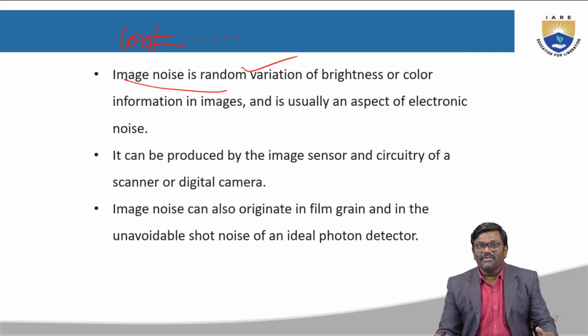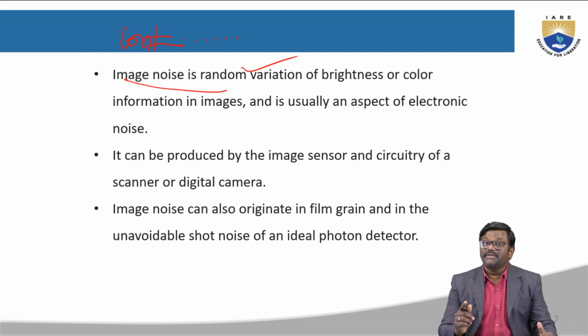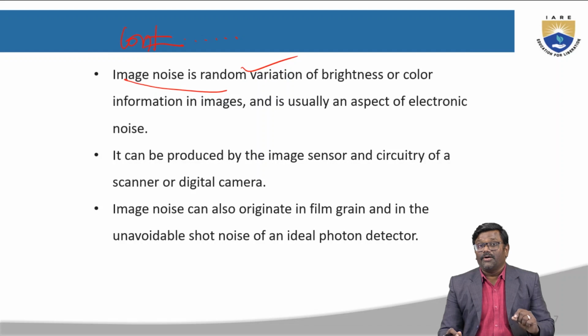While you are processing that, we may check whether any noise is present. If there is noise, what causes it? This noise is basically caused by the circuitry components, the circuitry elements. What are the circuitry elements?